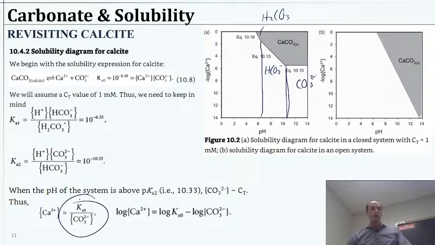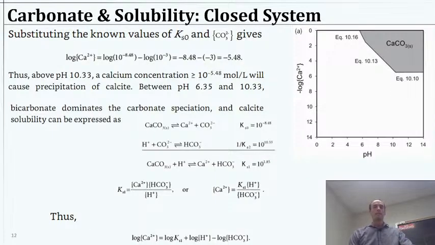We can take, first of all, this is from our solubility, and we can then put that as a function, take the log of it, and essentially get that as a function of the carbonate concentration. And then we can take a look at the carbonate concentration at that range. It's going to be basically our C total in a closed system, so we figure that out. It's a nice little flat line.